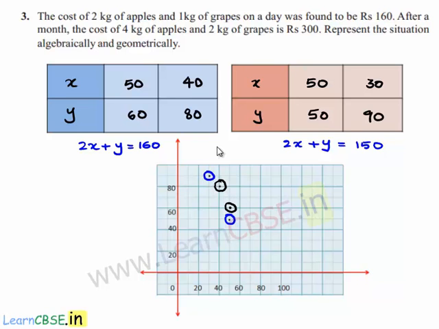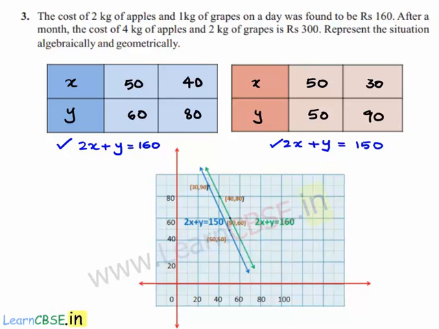So now let us join the points circled in blue in order to get the straight line 2x plus y is equal to 150, and join the points circled in black in order to obtain the straight line 2x plus y is equal to 160. If we join the points 50, 60 and 40, 80, we get the straight line 2x plus y is equal to 160.